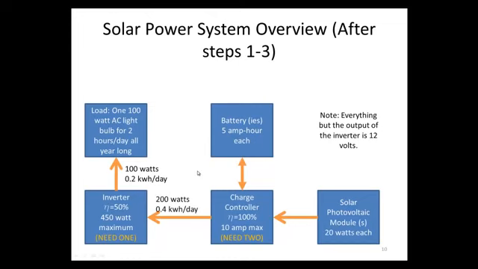We also found that when the light bulb's on, the inverter is drawing 200 watts from the charge controller, and the energy it uses coming from the charge controller is 0.4 kilowatt hours per day. So what that means is we need to supply either from the battery or from the solar module that 0.4 kilowatt hours per day. That's what we're going to talk about next, how we can do that.